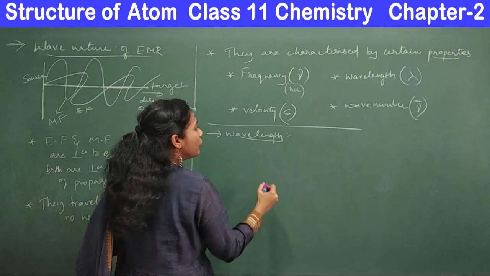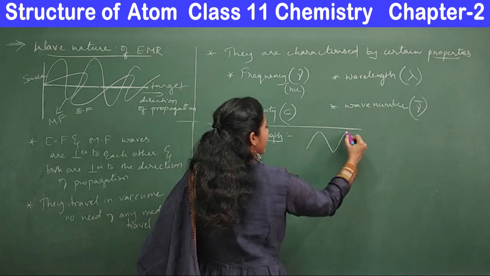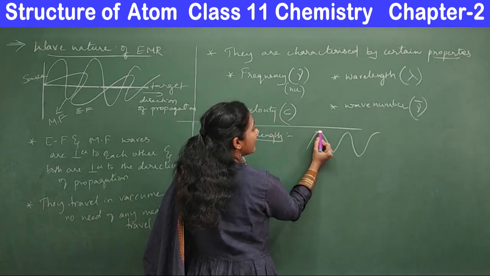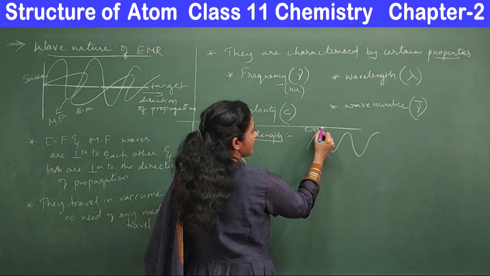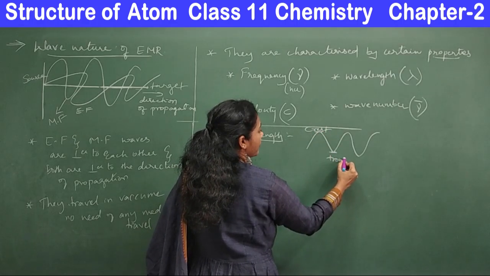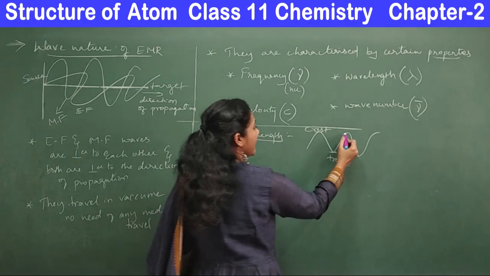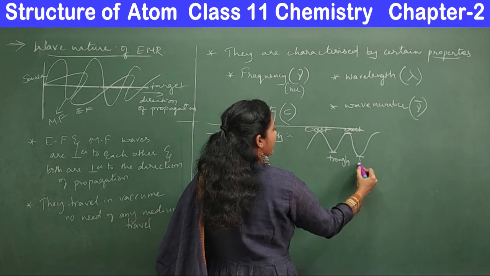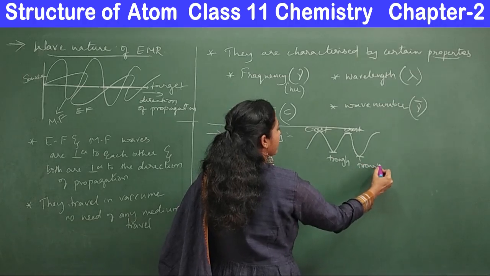We all know how a wave appears. This is how a wave looks. The topmost end we call the crest, and this point we call the trough. Again this is a crest, and this is a trough.